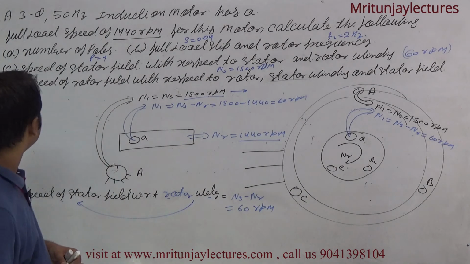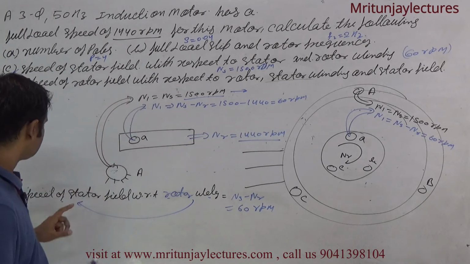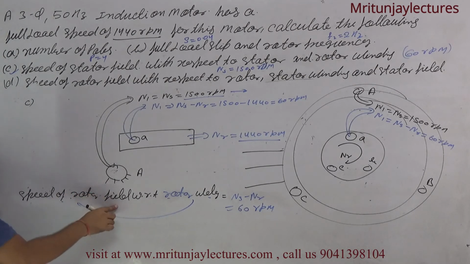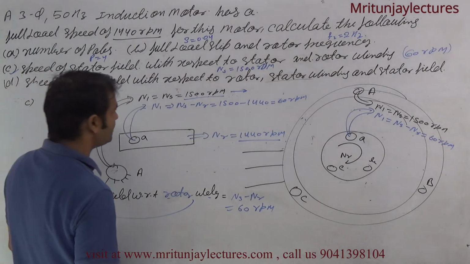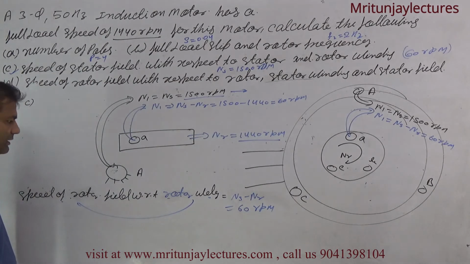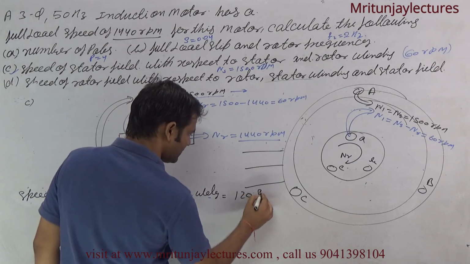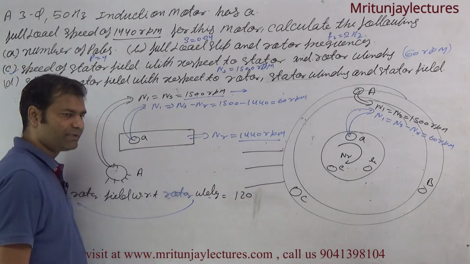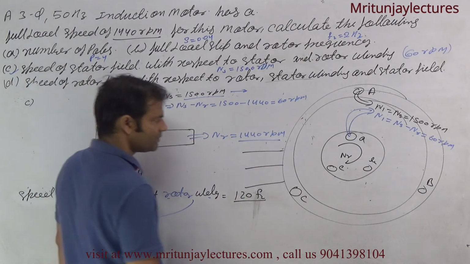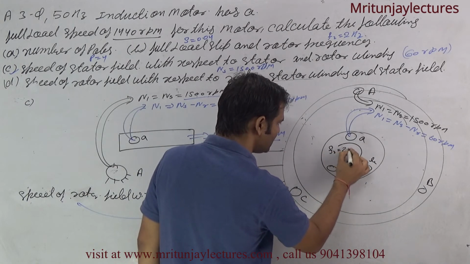Clear? Now part D, speed of rotor field with respect to rotor winding. I know that the frequency of the rotor induced EMF, corresponding to the rotor winding, is F2, equal to 2 Hz.